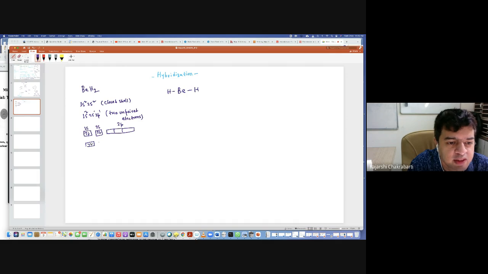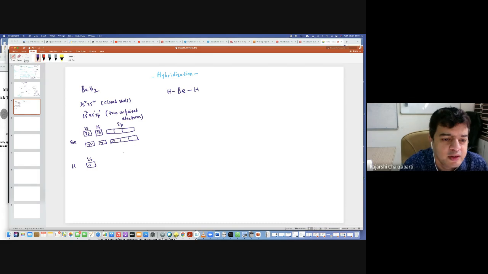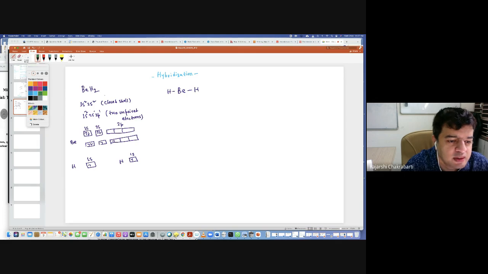Then they will say, okay, now you have this situation for beryllium, and for hydrogen you have 1 electron here, but you have 2 hydrogens, isn't it? This is the typical inorganic chemistry way of doing things.